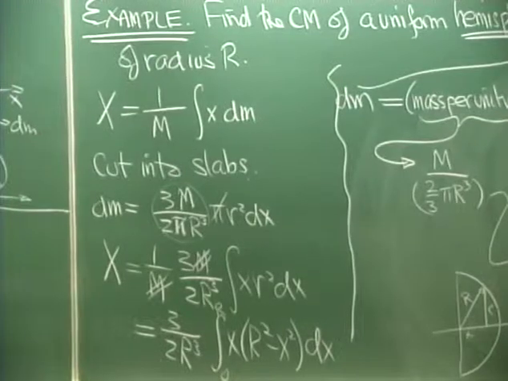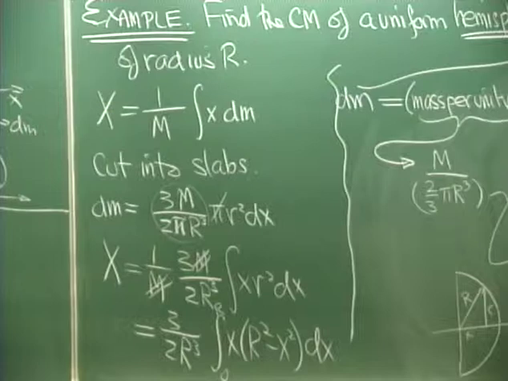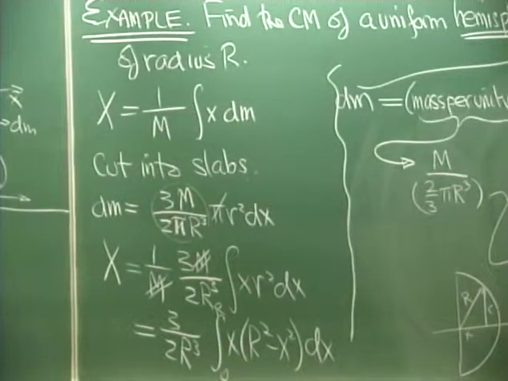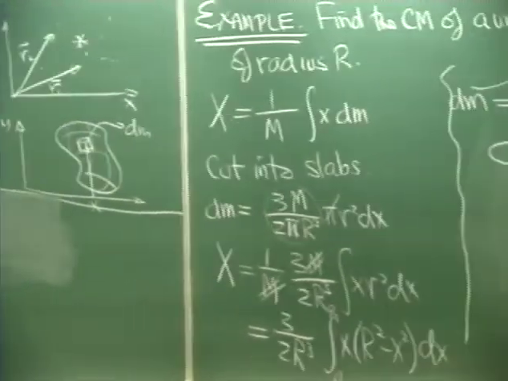Certainly going to be a little less than halfway across, but exactly how far across? Not 3/8 R. That's different. It turns out, in some respects, to be a little bit more difficult problem. It's easier to set up, but the integral is slightly more difficult. If I have time again today, I'll come back and start the setup of that problem.